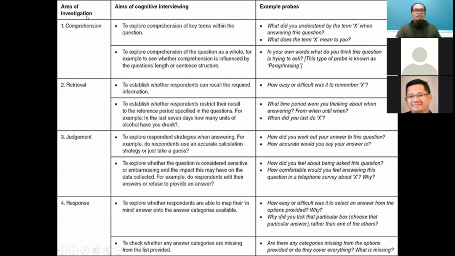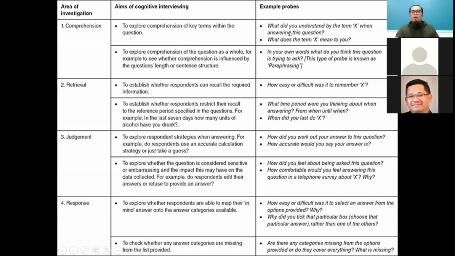Okay, in the area of investigation, we have four: comprehension, retrieval, judgment, and response. From the interview aims for the cognitive interview, number 1 for comprehension is to explore comprehension of the key term in the question.